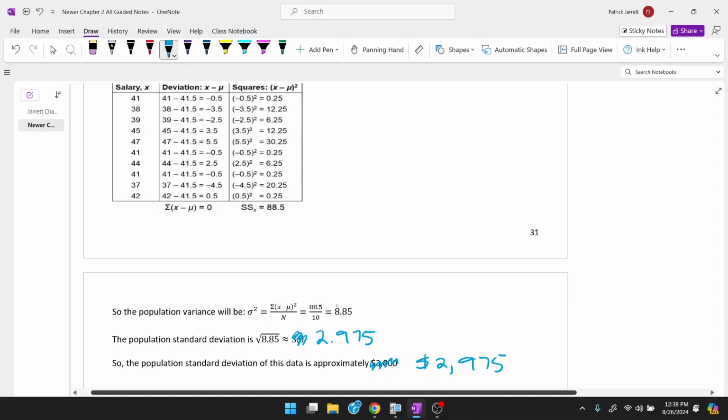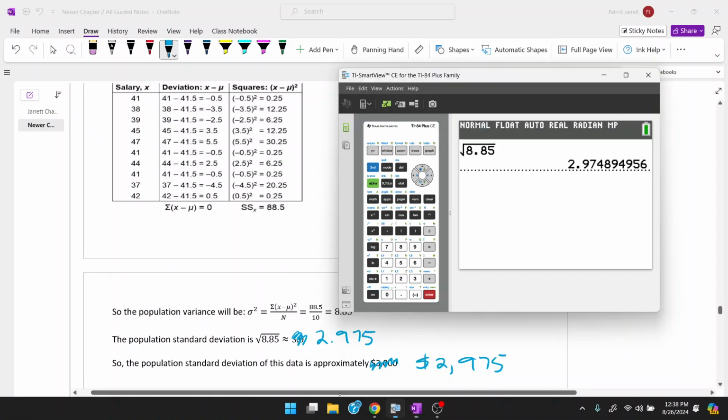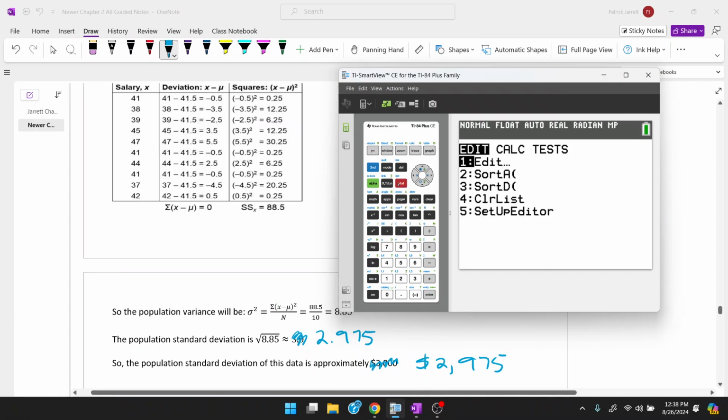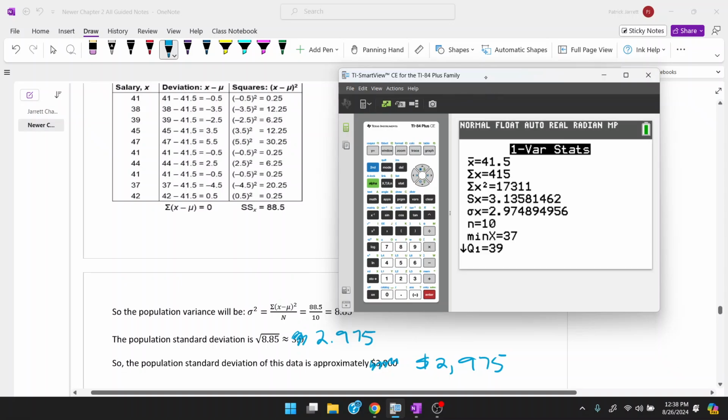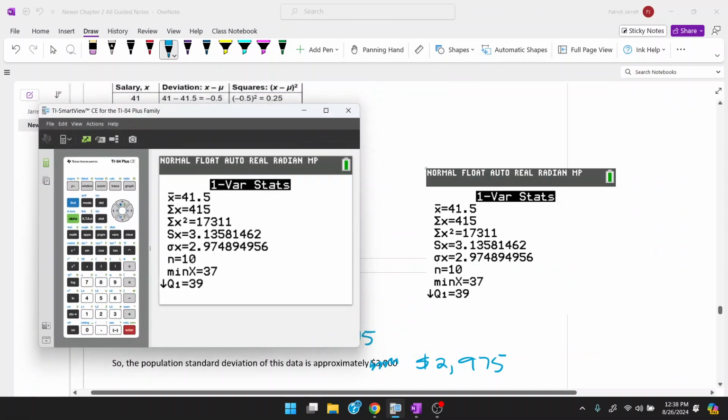Now, here's the thing. We found the variance by doing that, and then we found the standard deviation. Now, we took the square root to get the standard deviation. So, if you look back at our 1-var stats for list 2, I want to look at that just again, and here's what happens.